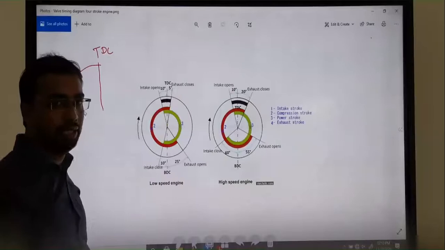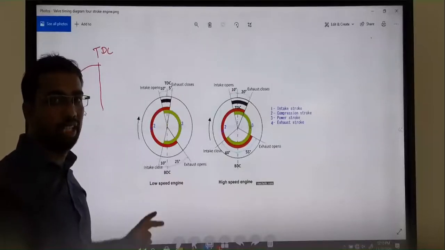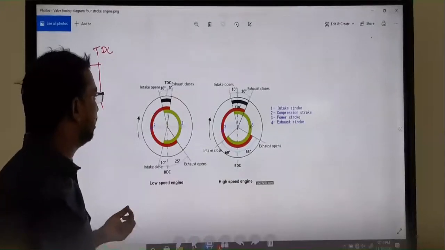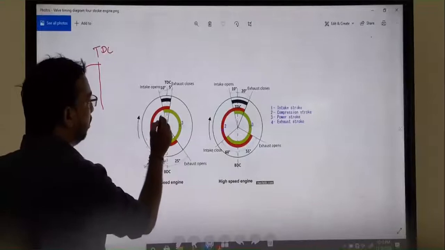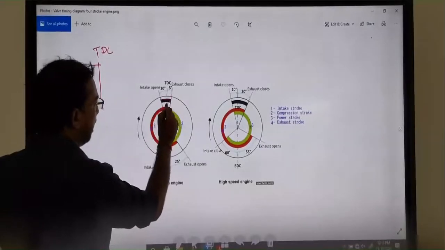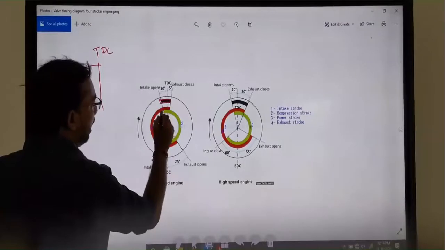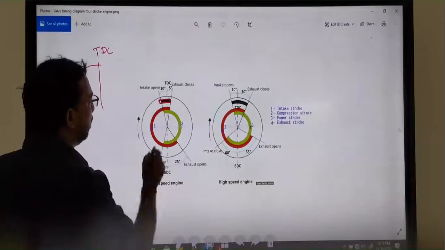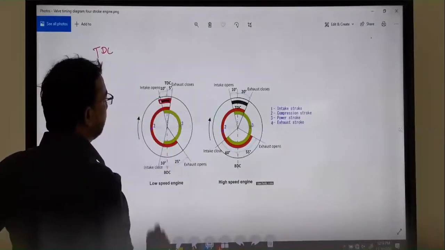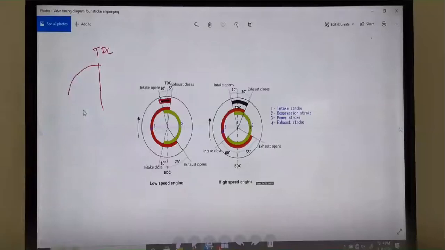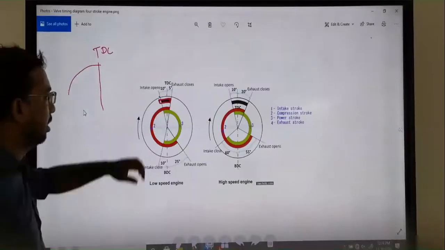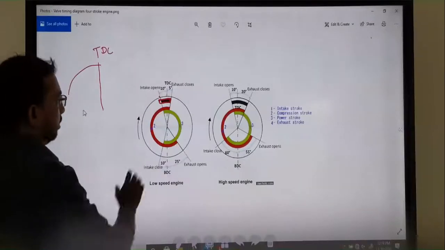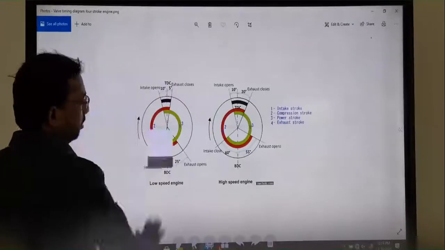That's why at that time both valves are open at the same time for a short period. This black area is where both exhaust and intake valves are open. This area is called valve overlap. Valve overlap means both valves are open at the same time for a short amount of time.